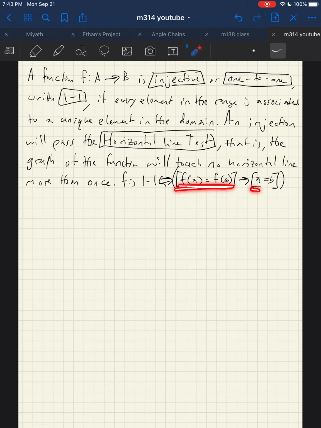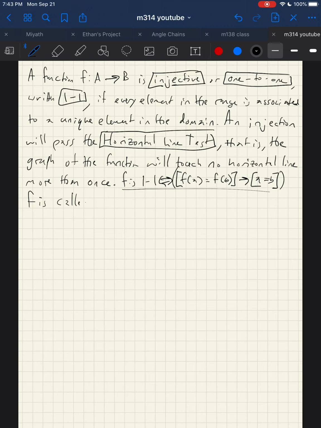Similarly, if every time I have f(a) = f(b), that implies a was actually equal to b, this is the same as saying each output has a unique input, and that implies f is one-to-one. Okay? That might take some practice, so you'll see some examples of that as we move forward, but for now, this is sort of the secret code for one-to-one.